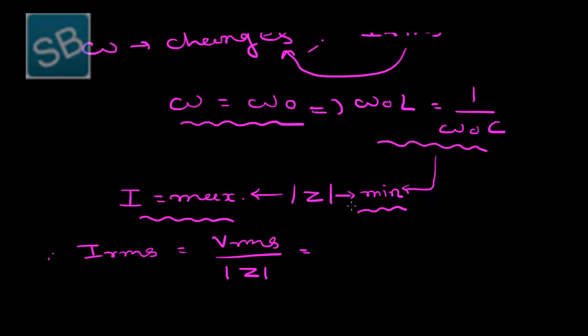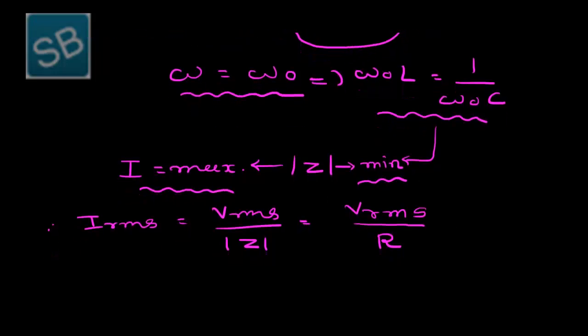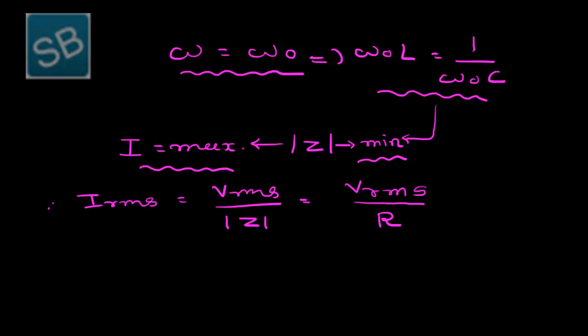According to the minimum value of impedance, there is strictly an absence of the imaginary part of impedance, and hence I can write IRMS is equal to Vrms upon only the real part of impedance, that is the resistive part, R. So I can write this quantity as the maximum RMS current, IRMS max.